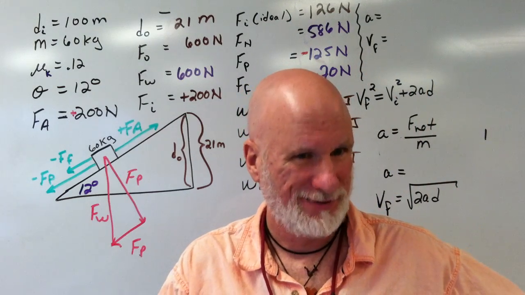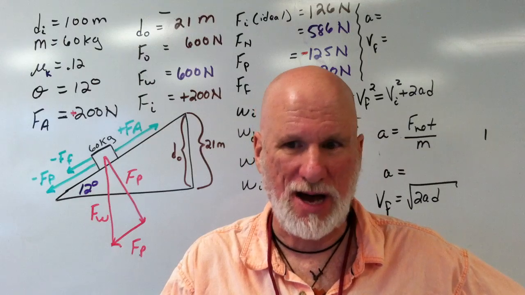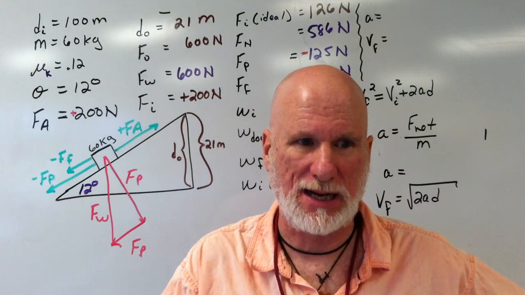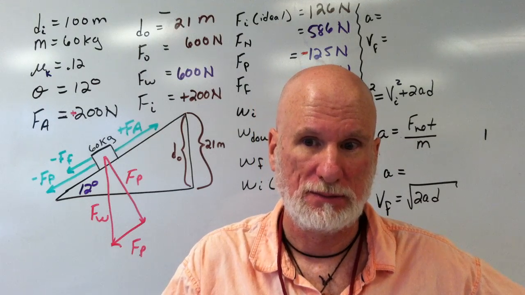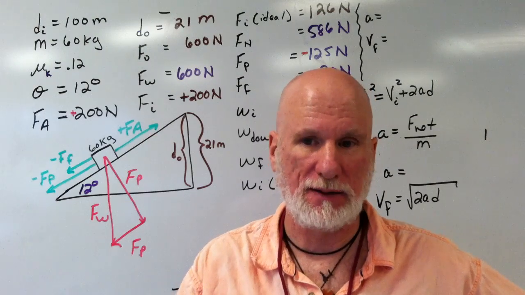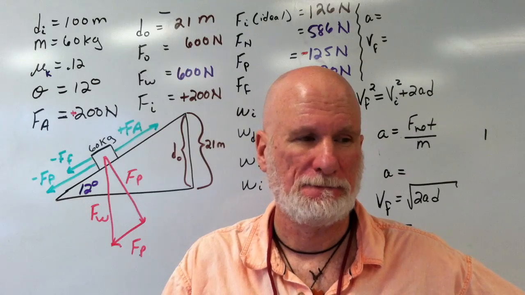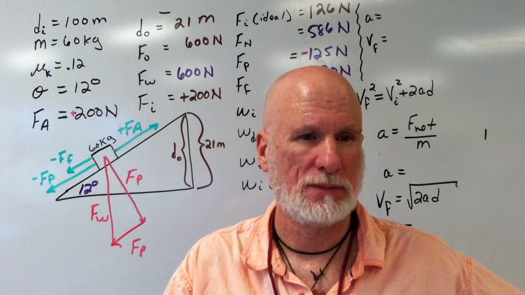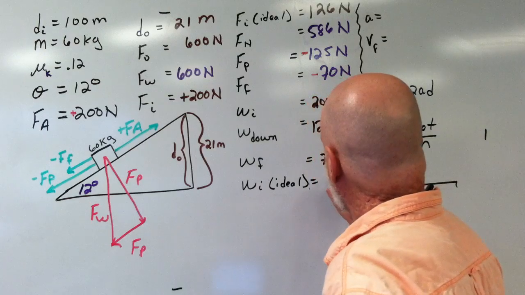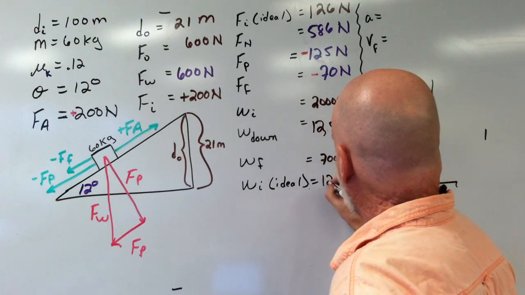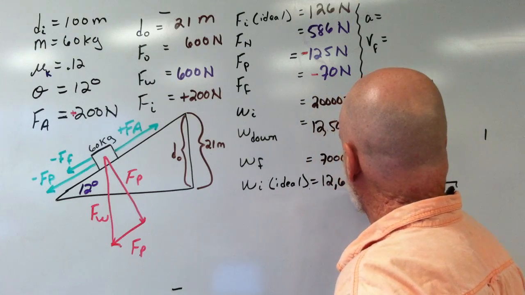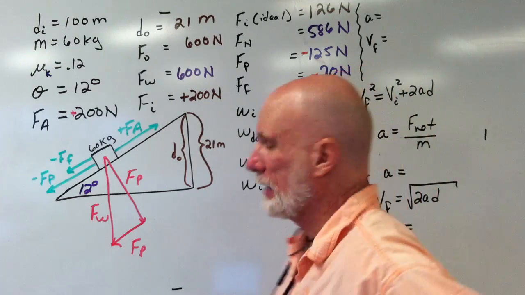So what's FI times DI real? FI real times DI, what's that going to equal? 12,600 joules. Okay, we're almost there.